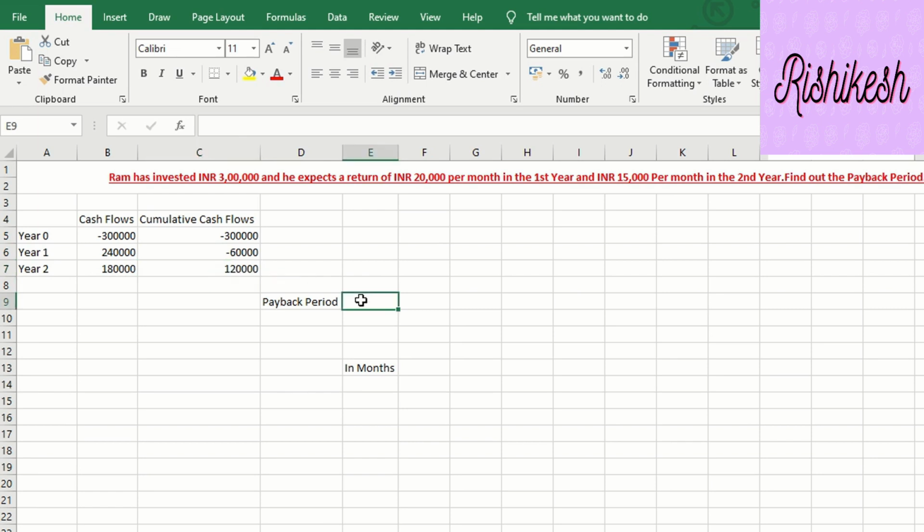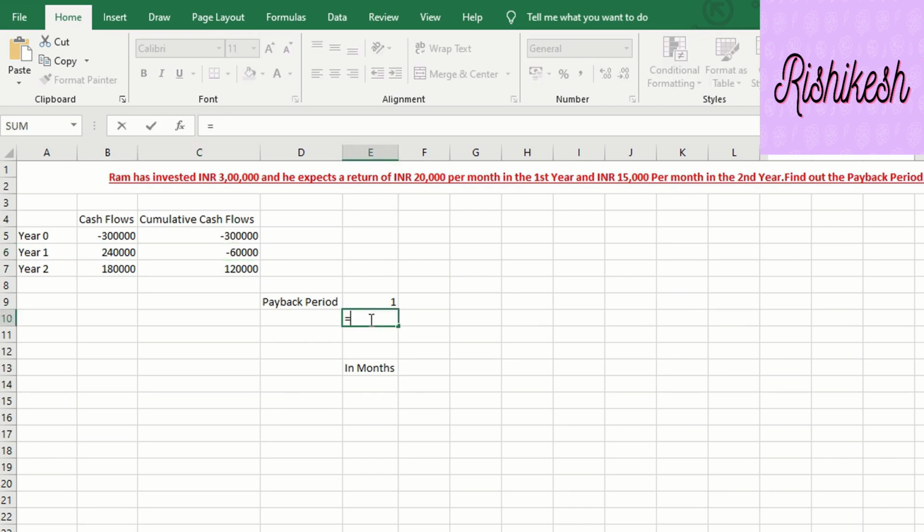So 1 year is something which we are completely sure. Now it will be somewhere between 1 to 2 years, and we have to find out the decimal value. Now, in year 2, you are generating a positive cash flow, that is cash inflow of 1,80,000, which has to compensate for the minus 60,000 cash flow, which is already there.